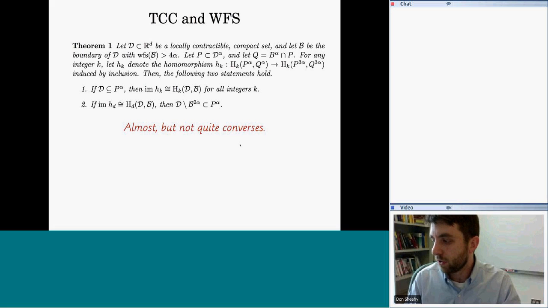They're like converses in a sense. The total coverage criterion says that you can compute the homology, or you can test if you have coverage. And the inference based on weak feature size says something like, well, if you have coverage, that is, if you have a good sample, then you can infer the homology.